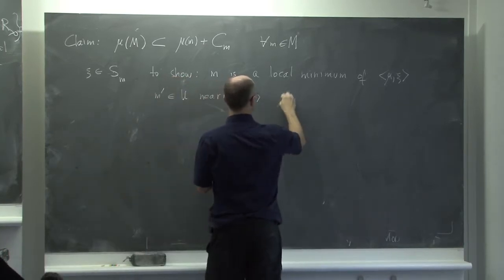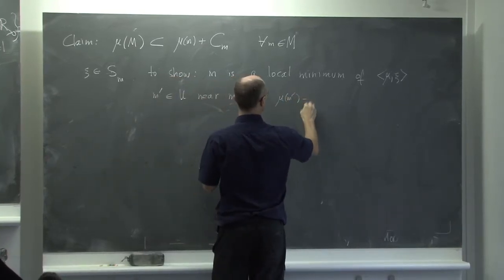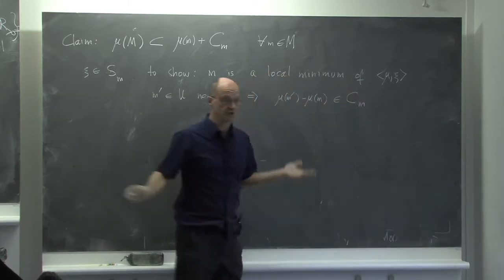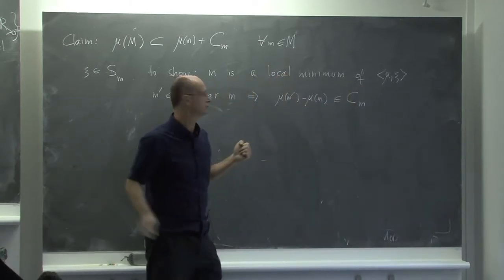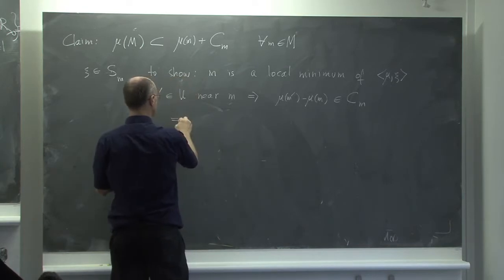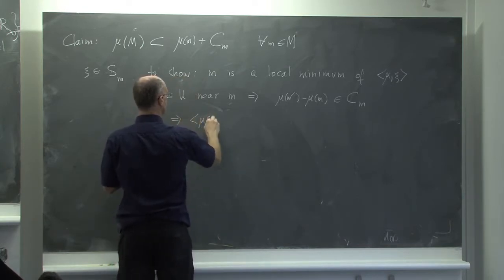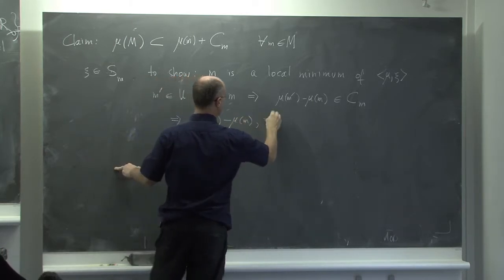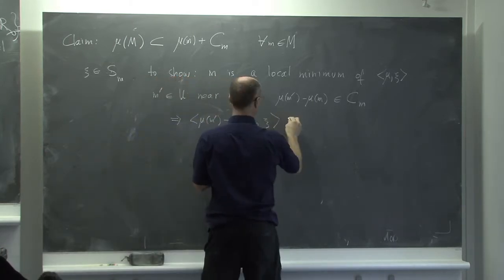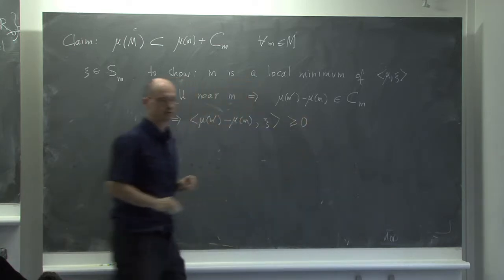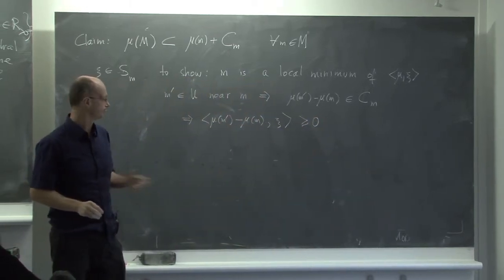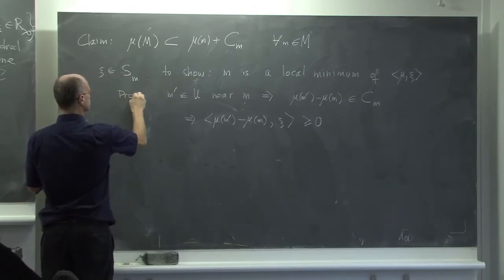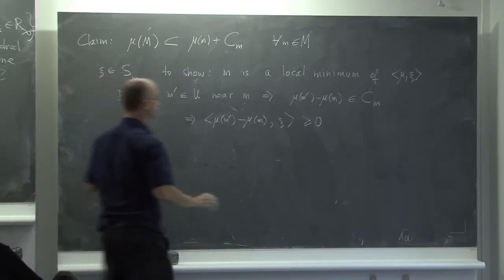Then mu of m prime minus mu of m is in Cm, and this means that the duality of mu of m prime minus mu of m with psi is greater or equal to 0. That's a proof of it.